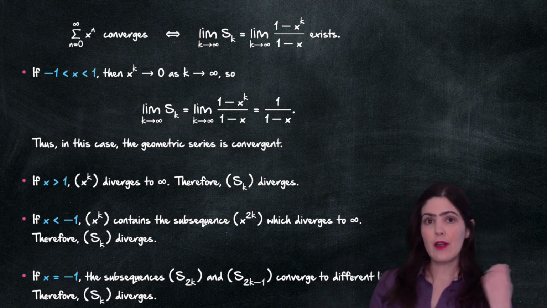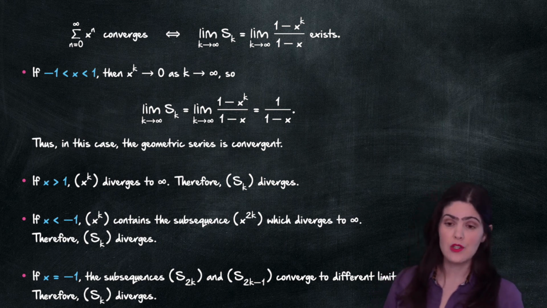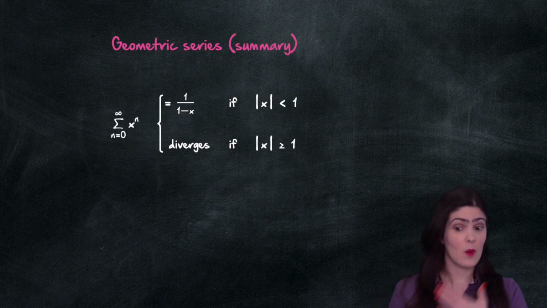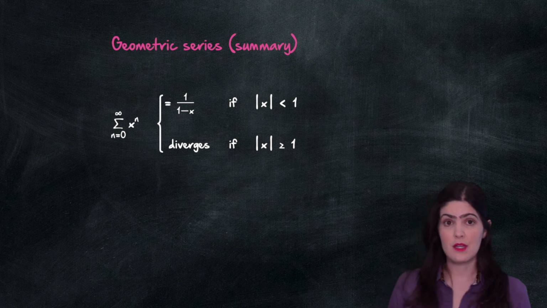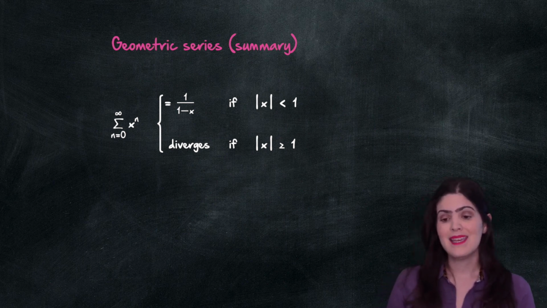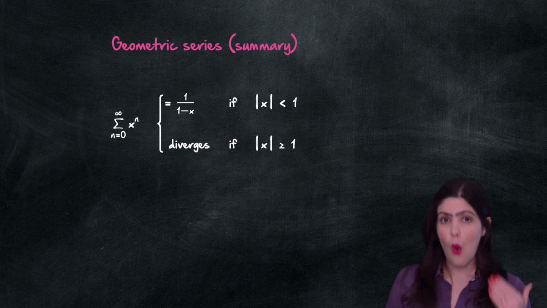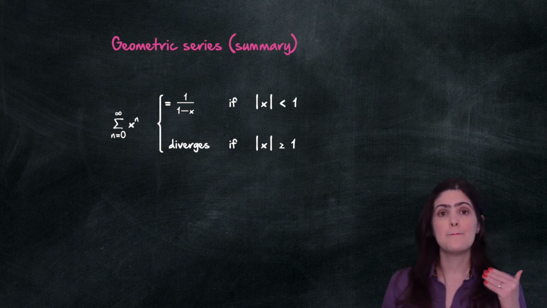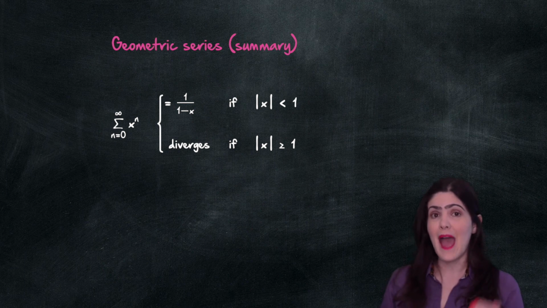And because this is very important and we're going to use it a lot, I want to write here a quick summary. The geometric series, which is the sum from n equals 0 to infinity of x to the n, is equal to 1 over 1 minus x if I know that the absolute value of x is strictly less than 1.